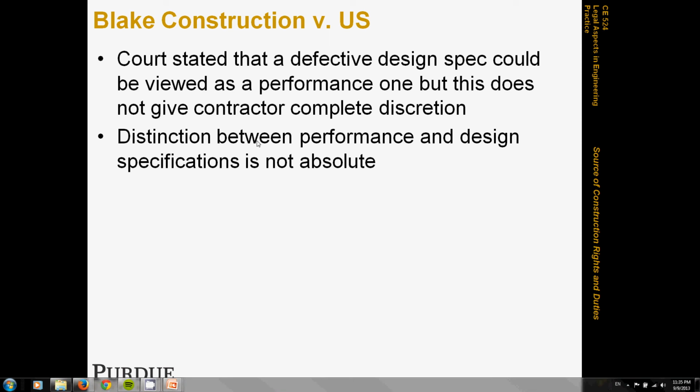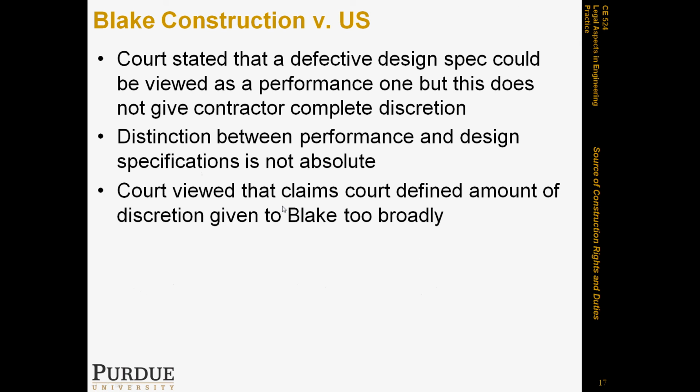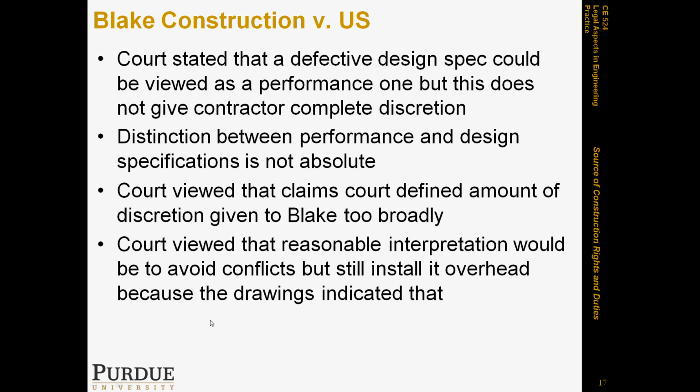As a result of that, the Court of Appeals viewed that the lower court, the Federal Court of Claims, defined the amount of discretion given to Blake too broadly. So they tried to restrict that amount of discretion, and as a result, the court viewed that one of the reasonable interpretations of the conflict in this particular case would be for Blake to avoid the conflicts but still install it overhead.